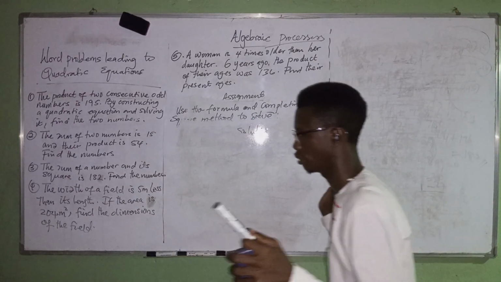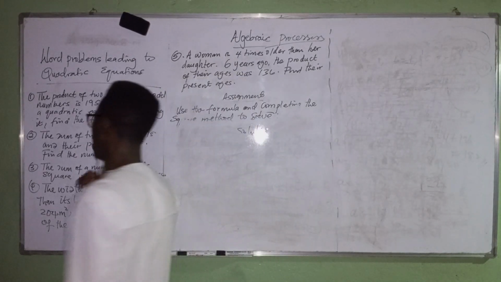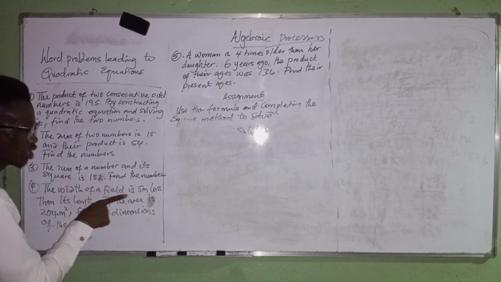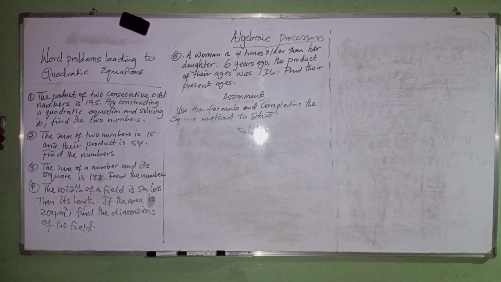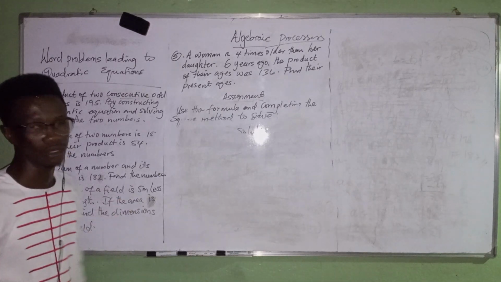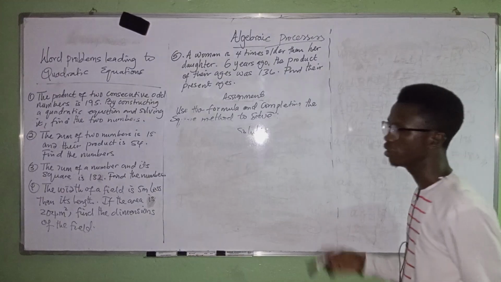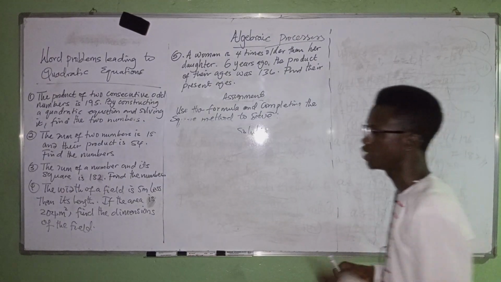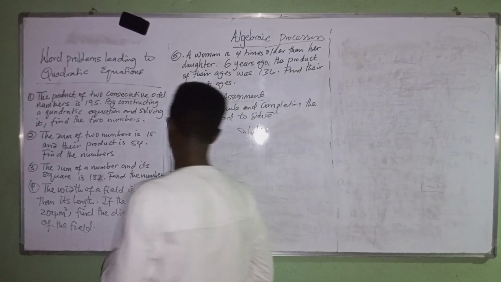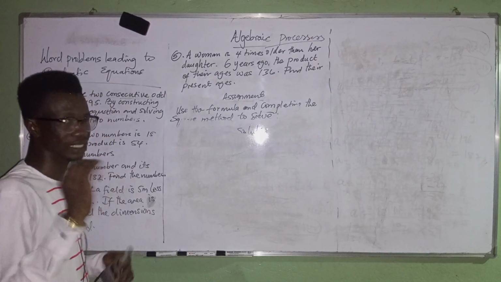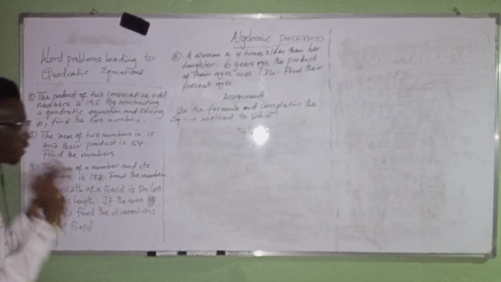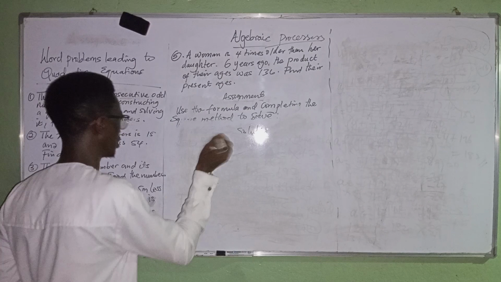We don't know. The only information we have here is about the width, which is 5 meters less. So that is the dependent variable. So the independent variable is going to be the length. The dependent variable here is the width. So we let the independent variable be a letter, which is the length.